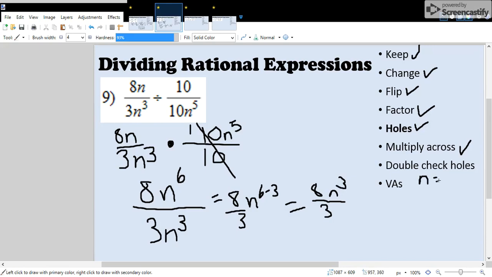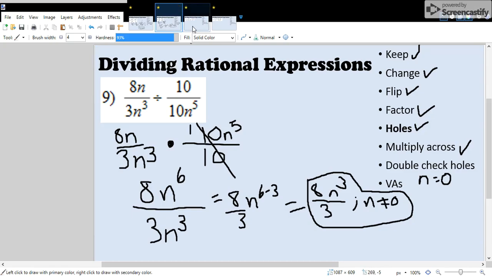For a hole, n has to equal 0. So our reduced form, our answer, is 8n to the third power all over 3, where n cannot equal 0. And there is no vertical asymptote because the denominator does not have any variables. 3 can never equal 0.